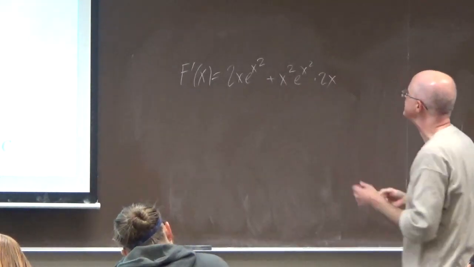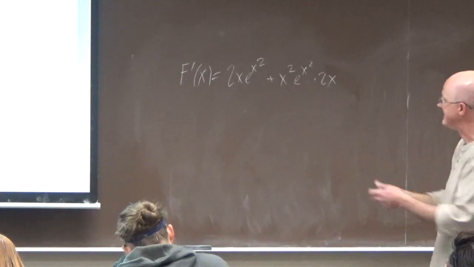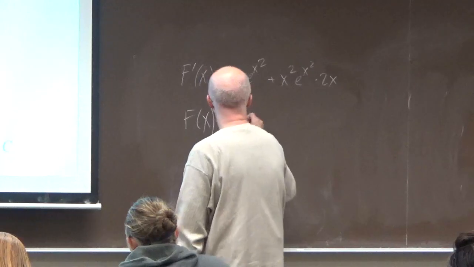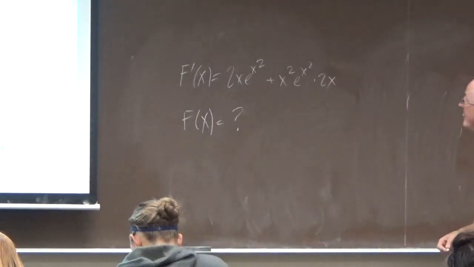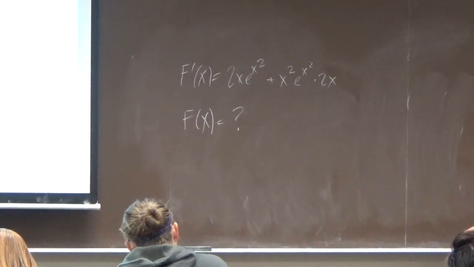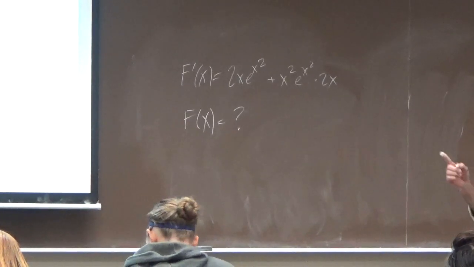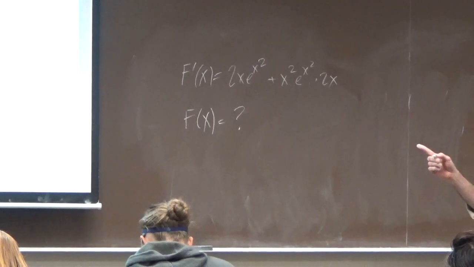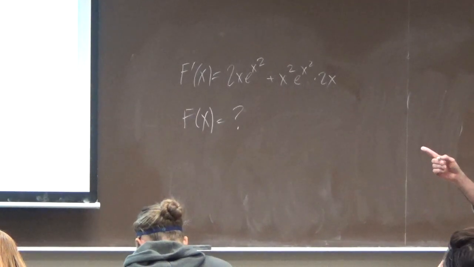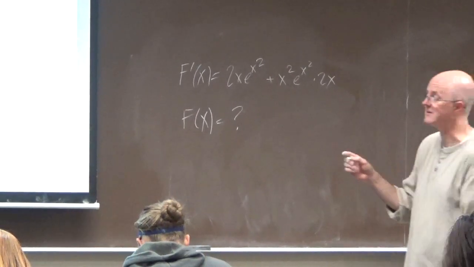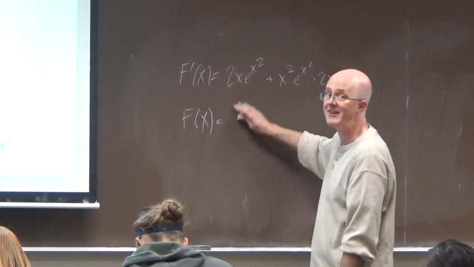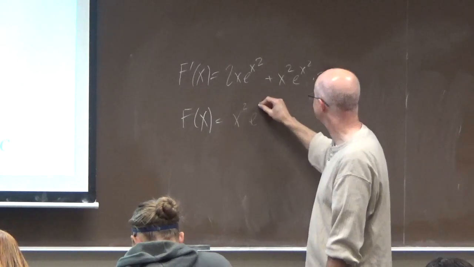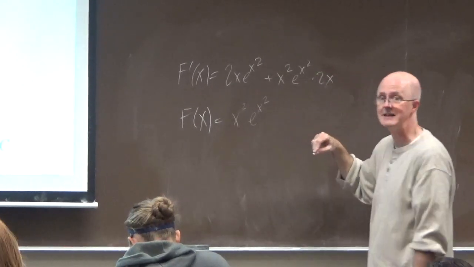Maybe it's written like this. That's the derivative of some function. What's the function? Looks really complicated. How in the world? But if you're careful and think about the fact that this kind of looks like what you would get from the product rule, it maybe helps you guess the answer. A little bit of trial and error might be in order to guess that this thing might be the answer. Indeed it is.